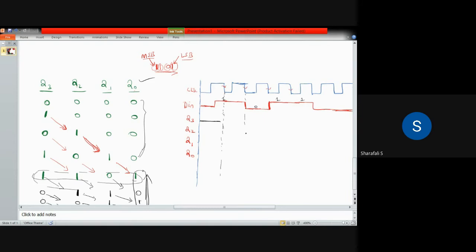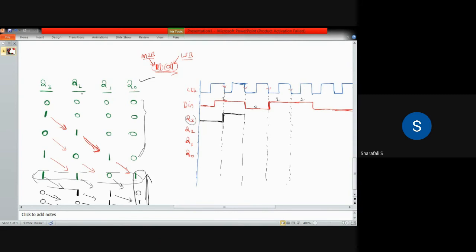This time interval should be the same. In my drawing it may not be the same, but the pulse duration should be the same. Okay. So we are initially considering Q3 also 0, then it is going to become maximum. So at the first triggering, it is going to become 1.